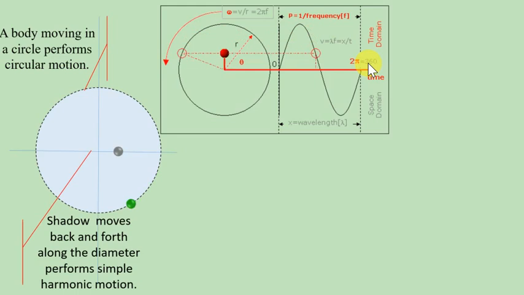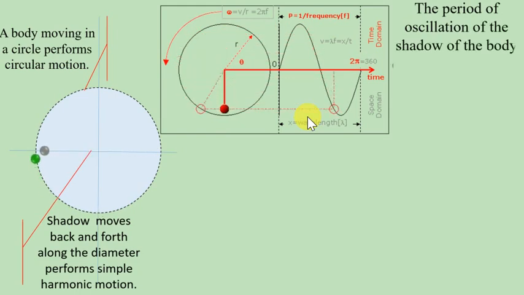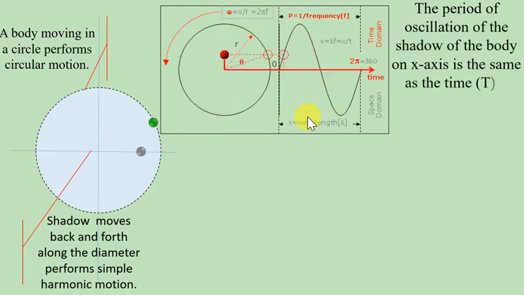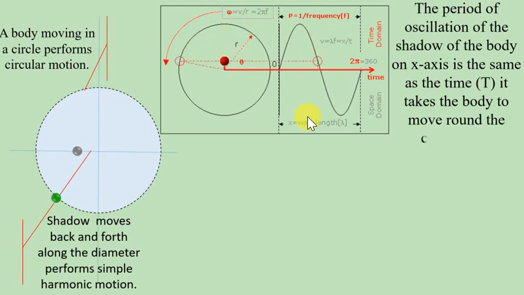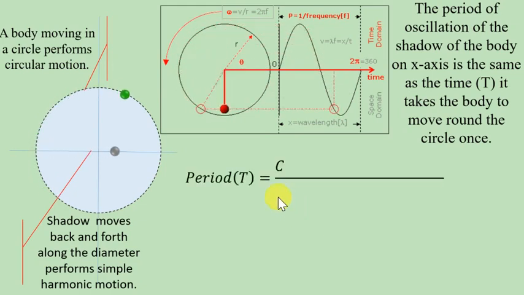That shows that there is a link between simple harmonic motion and circular motion. And what is that link? The period of oscillation of the shadow of the body on the x-axis or y-axis, as the case may be, is the same as the time, capital T, it takes the body to move around the circle once. So the time to cover one oscillation is known as the period of oscillation.